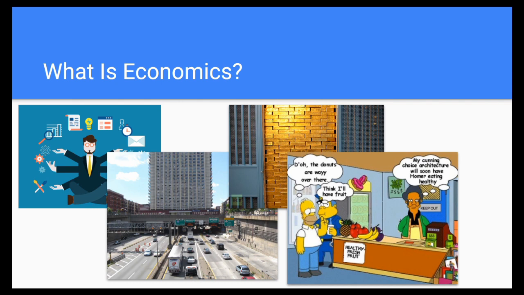And Apu is pondering the decision and the impact of the decision he's made to bring the fruits closer to the cash register and how that may influence Homer's eating habits.